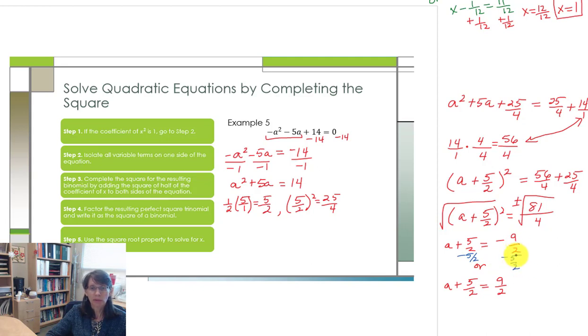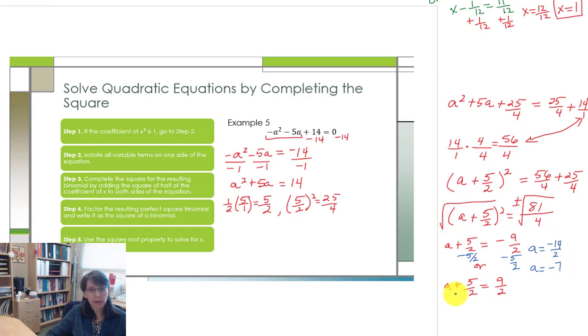And since both of these fractions are halves and both of the numerators are negative, we can conclude that a is equal to 9 plus 5, which is 14, negative 14 halves. So in that first equation, we get an answer simplifying as negative 7.